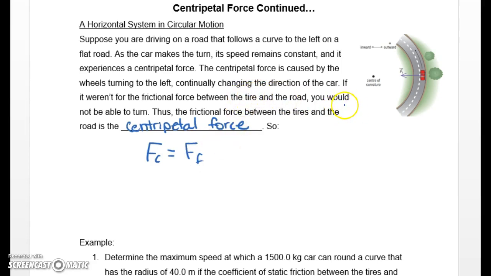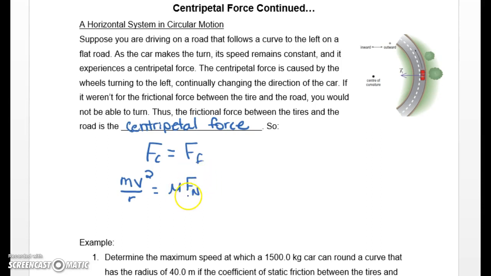If you remember back to the previous lesson, and also the very beginning of our unit, we have equations for our centripetal force and for the frictional force. Your centripetal force is your mass times your speed squared divided by your radius, and your frictional force was equal to mu, the coefficient of friction, times the normal force.